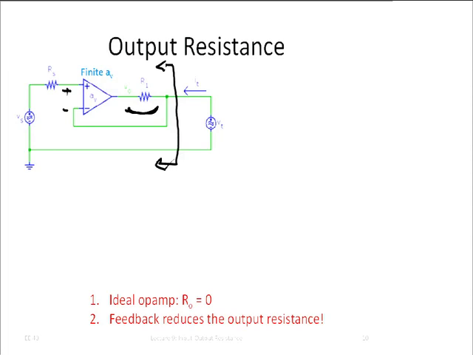So here we want to evaluate what that is. Basically what we want to find out is what is R Thevenin for this operational amplifier circuit here. How do we do that? Well, we could, for example, apply a test source here, vary that source, and figure out what is the current I test that flows into the input of that amplifier. And then the ratio of these two quantities, of course, is going to be the output resistance.